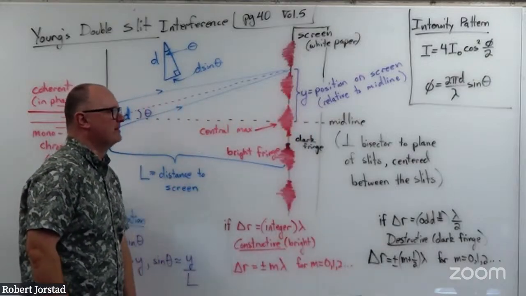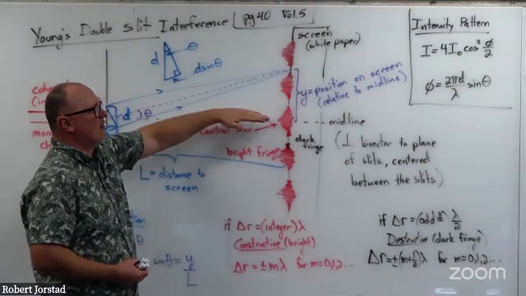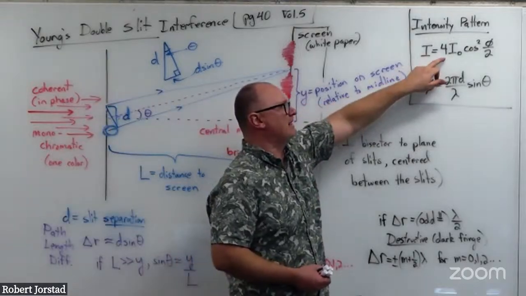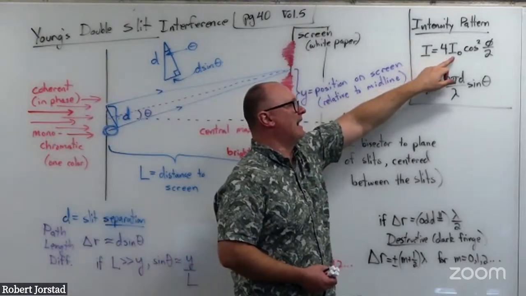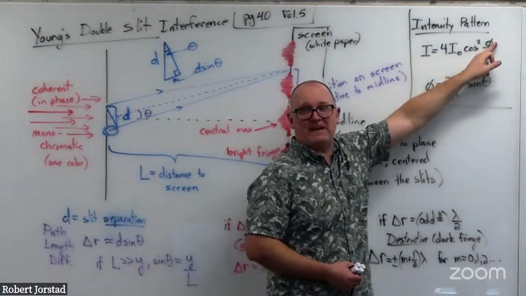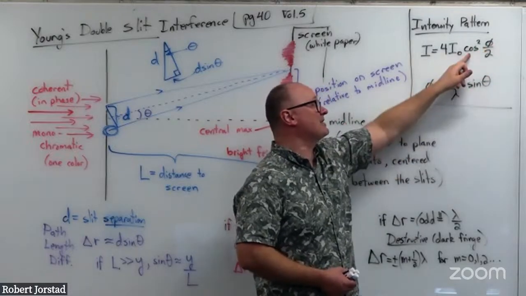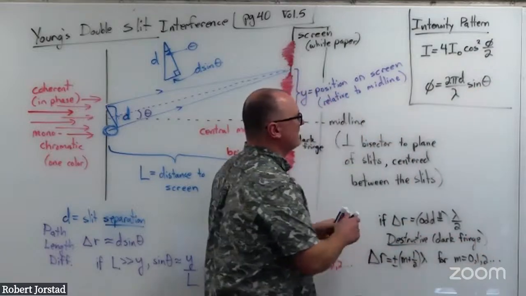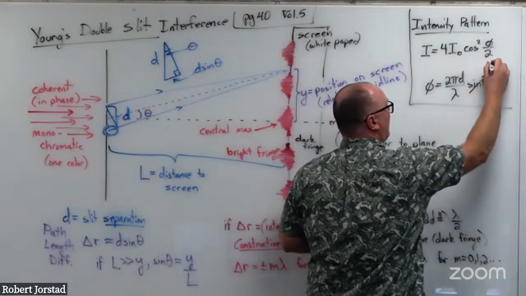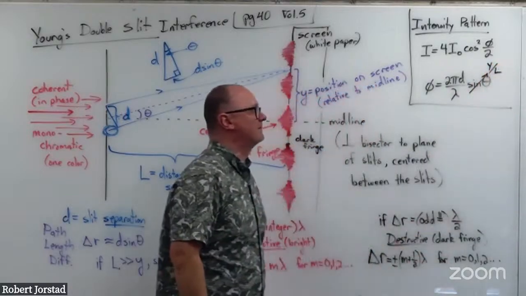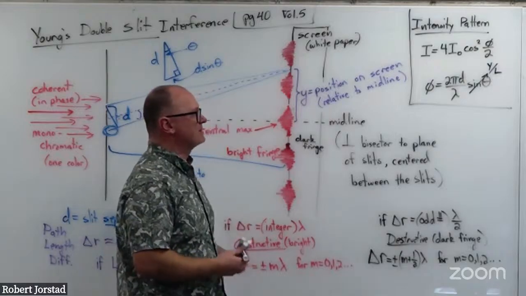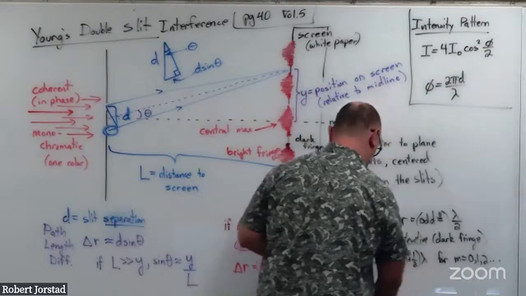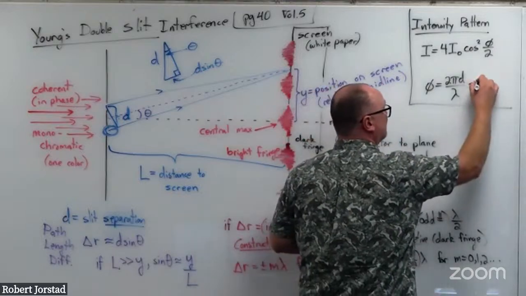If you care, the brightness or the intensity of this pattern is governed by this function right here. It's 4 I naught cosine squared of phi, but phi has a sine in it, so it's cosine squared of something with a sine in it. Usually, this becomes y over L if y is much, much less than L, but strictly speaking, let's leave it correct as sine theta.